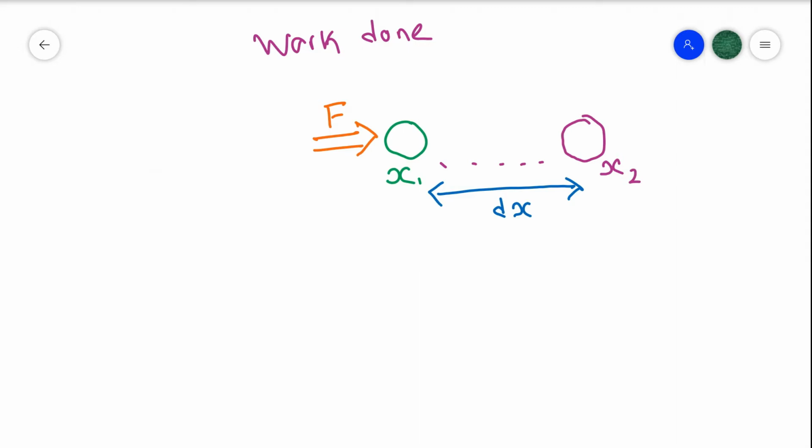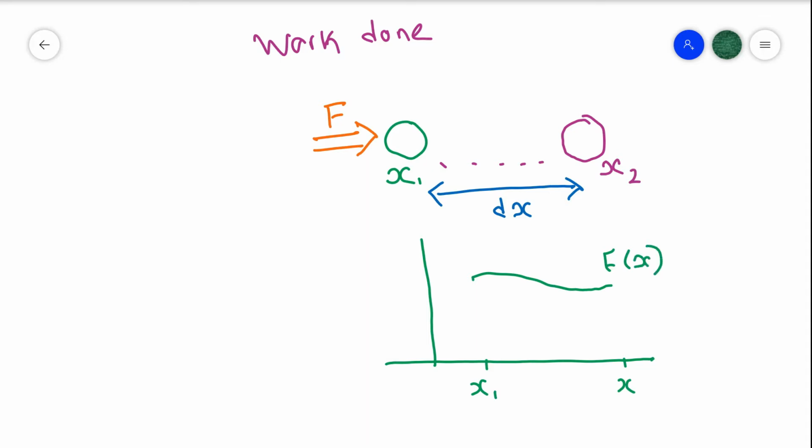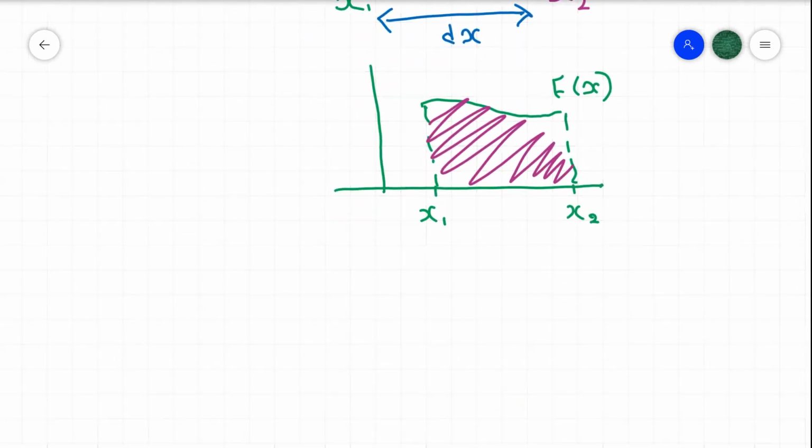So if we express this in a graphical manner, our object is at x1, and we are moving it to x2 by applying a certain force. We can call it Fx. If that is the case, the total work done on the object would then be the integral of Fx from x1 to x2.